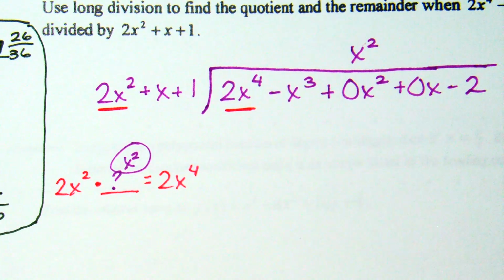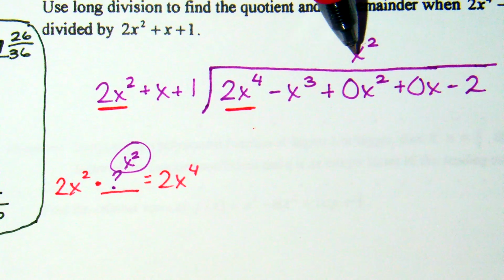Okay. What do I do now? We put the number up top. What did we do in regular division? But before you subtract, I don't have anything right here to subtract yet. I'm going to have to multiply. So I'm taking x squared here and multiplying it by each of these 3 terms.